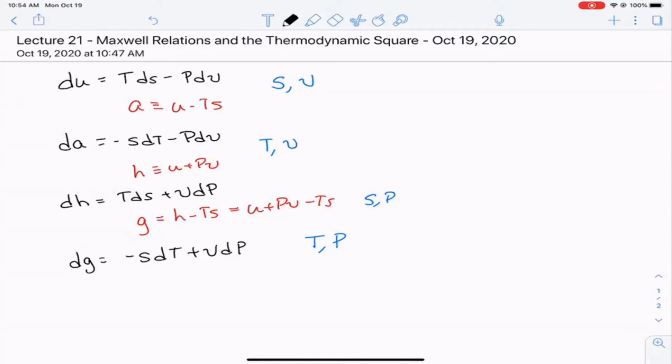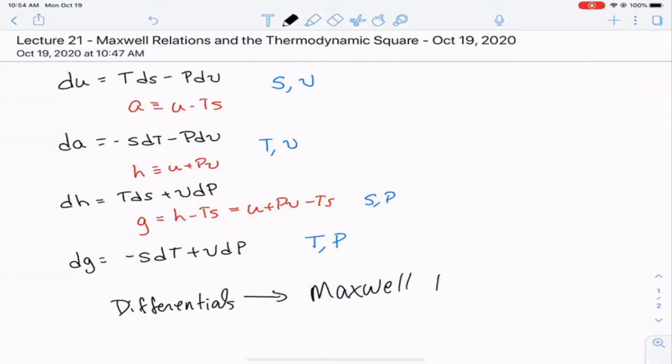But we didn't talk about the fact that all of these differentials actually contain additional information that we've already used throughout this semester. So what I want to do is show how you can convert from these differentials, and from the differentials, we're going to derive Maxwell relations.